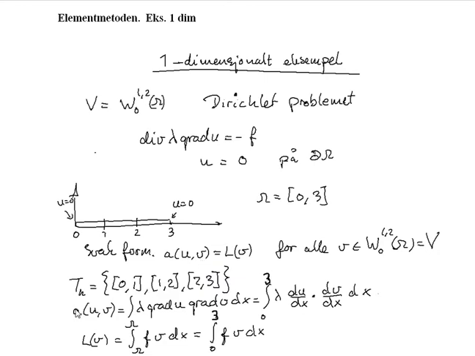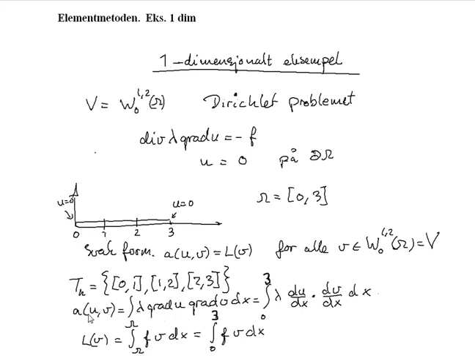In the one-dimensional case, we want to replace this space W_0, which is an infinite dimensional space, with a finite dimensional space. Let us show you what these are.